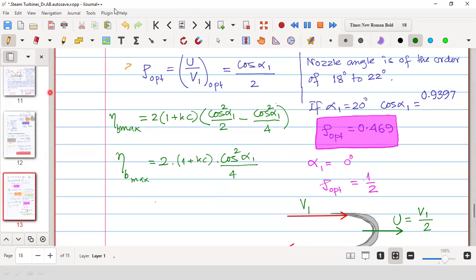Therefore, it is equal to cos square alpha 1 by 2 multiplied by 1 plus kc.